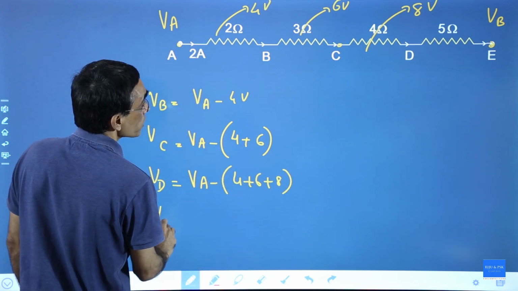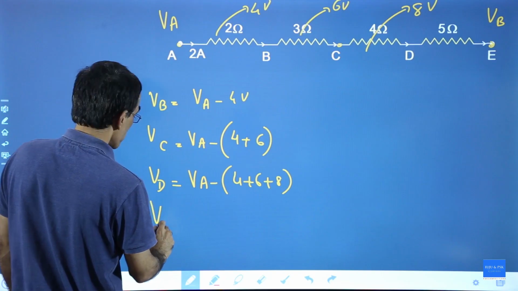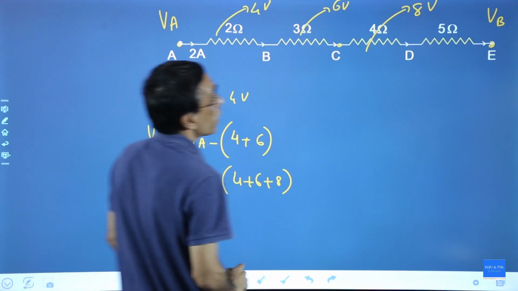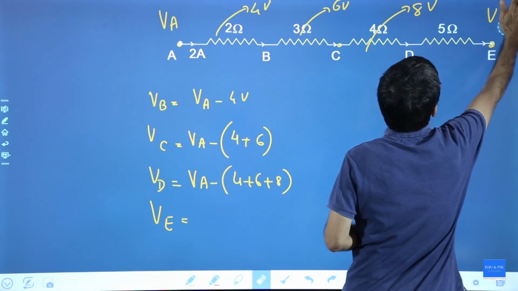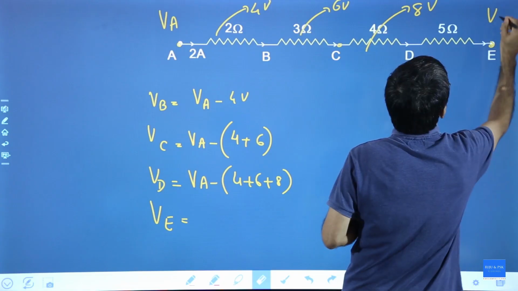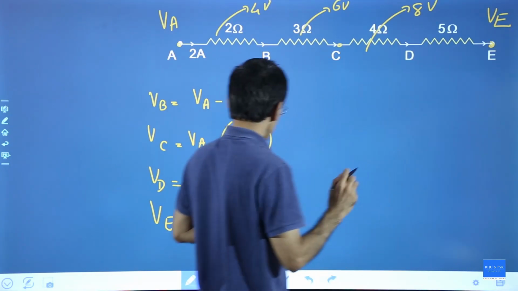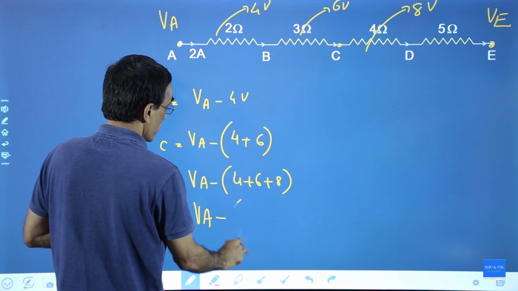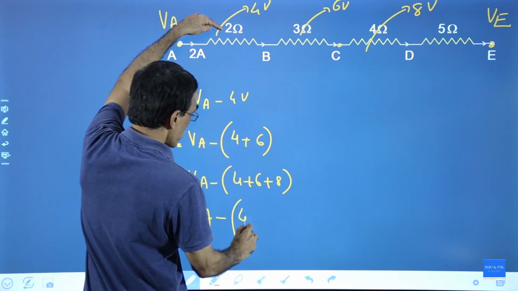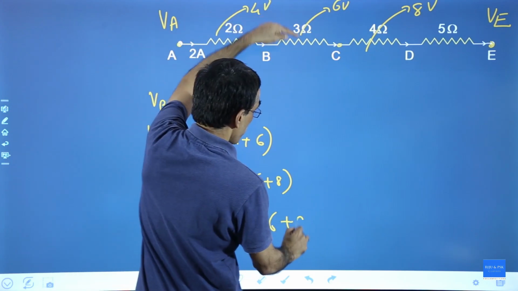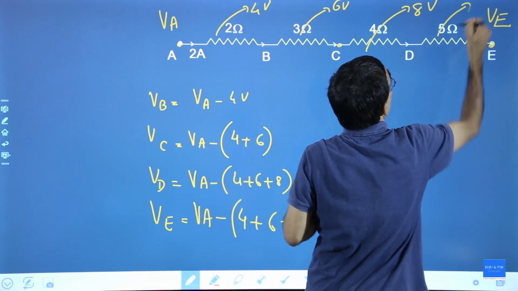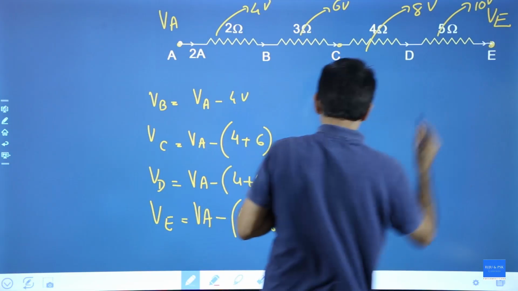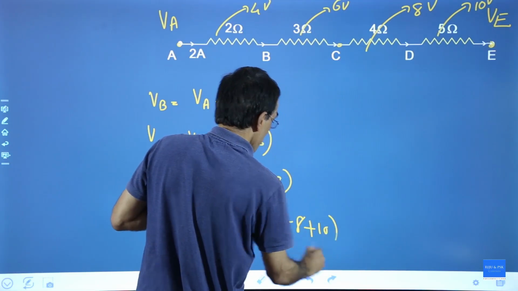And what is the potential at E? Potential at E equal to, I am sorry, I called this B. That is not B. This should be E. Please correct it. And VE is nothing but VA minus the loss here, 4 plus 6 plus 8, and here how much? 5 into 2, 10 volt is lost, plus 10.